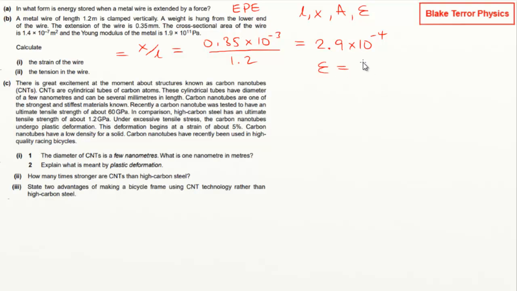And the tension in the wire. Young's modulus is stress over strain, which is equal to force over area times strain. So the force is going to be the Young's modulus times the strain times the area. So we just worked out the strain, multiply that by 1.9 times 10 to the 11, and then multiply it by cross-sectional area, 1.4 times that.